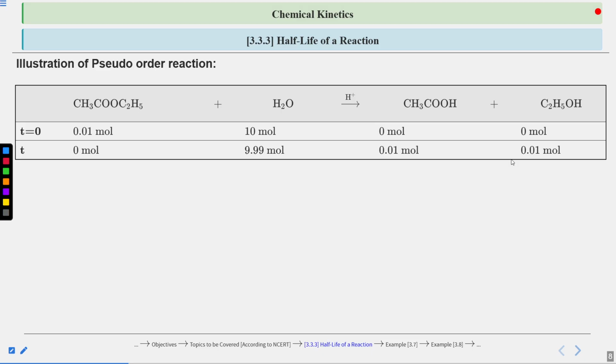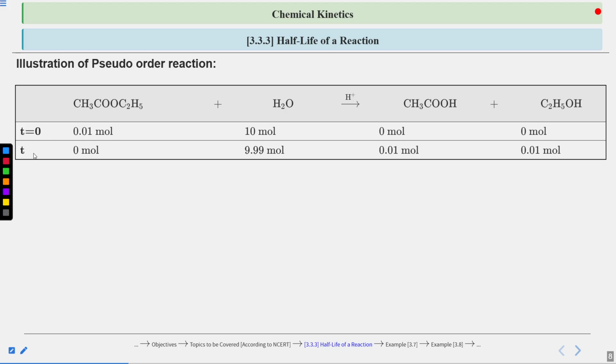The product concentration is 0 mole and the reactant concentrations are 0.01 mole for ethyl acetate and 10 mole for the water, because it is in large excess, right? You can see that it is only 0.01, but the water is 10 mole. Compared to the ethyl acetate concentration, it is really large.